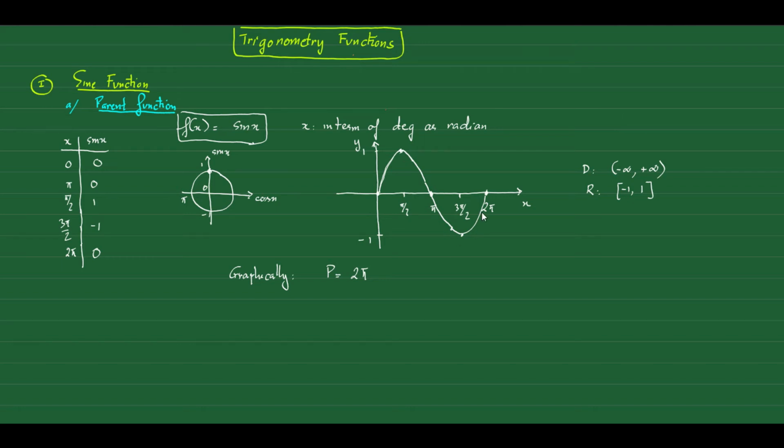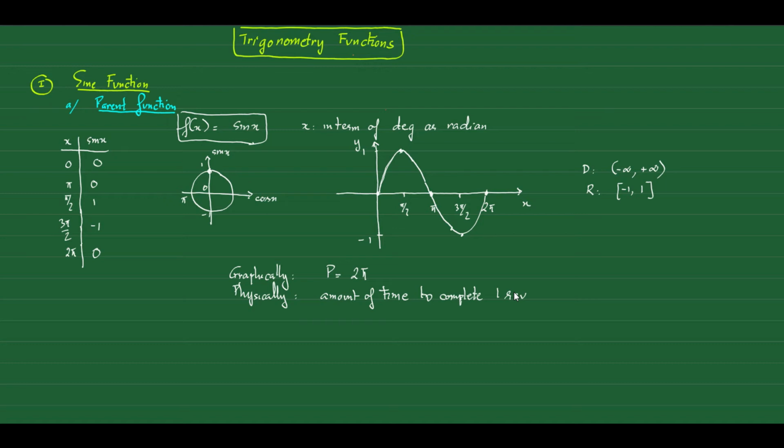But physically, what is period? Period is the amount of time to complete 1 revolution, or one cycle of motion.